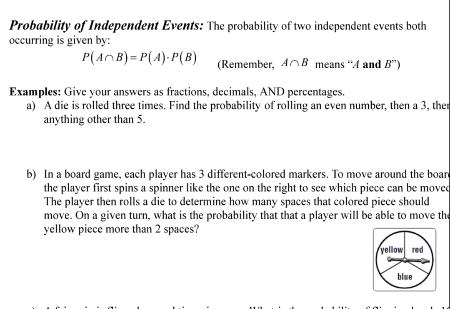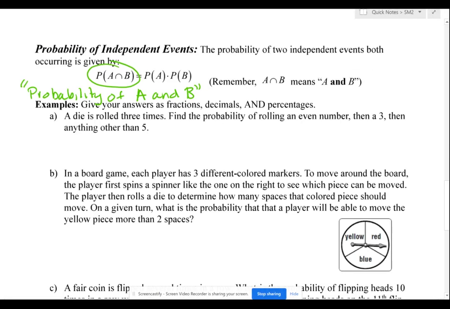This says the probability of A and B, remembering that our "and" is our intersection, or our overlap, or both. Here's a nice thing: to solve that, we just take the probability of A and multiply it by the probability of B. So it's pretty simple. We just have to find the individual probabilities of each event, and then multiply them together.